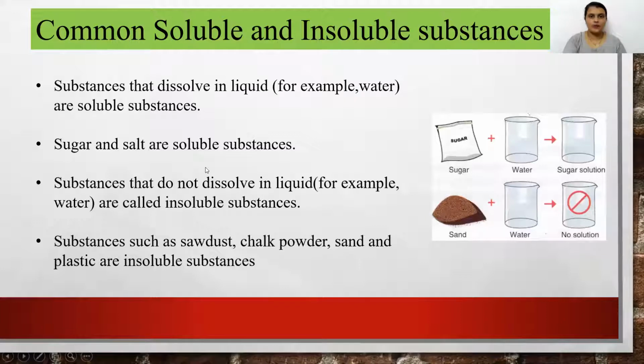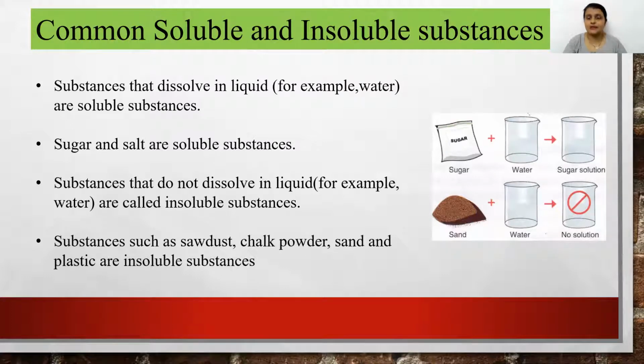So, common soluble and insoluble substances. Substances that dissolve in liquid, that is water, are called soluble substances. Like sugar and salt, as we have already conducted the experiment and seen that sugar and salt are soluble substances. They will get easily dissolved in water.